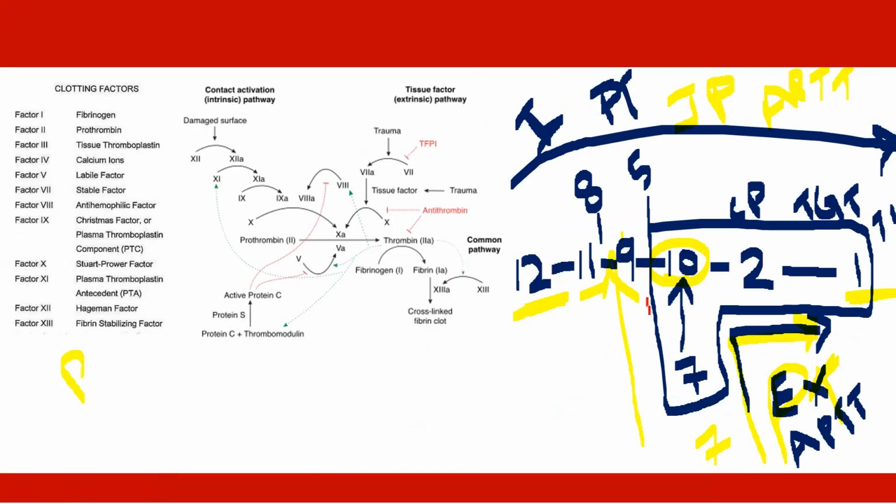Here I will draw a T shape. See the T here, like this. In this T, can you see what factors are there? Factors 7, 9, 10, and 2.